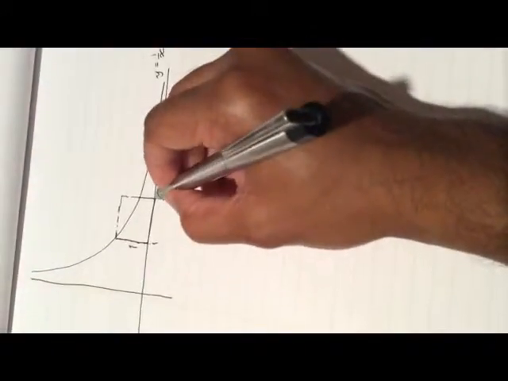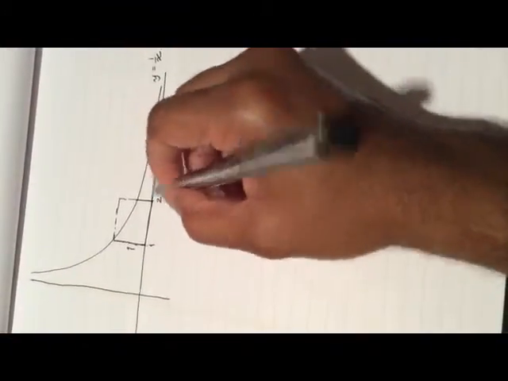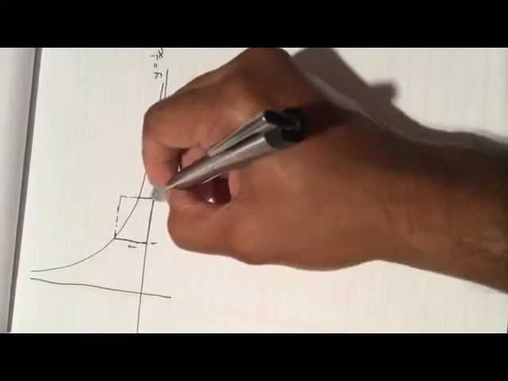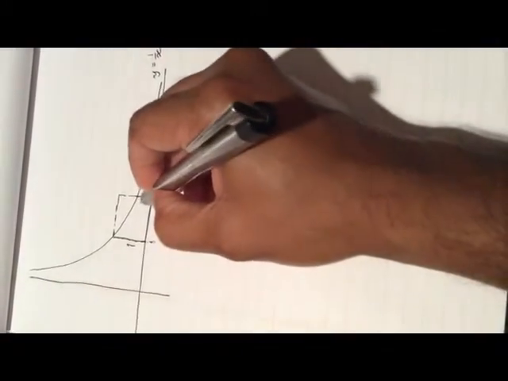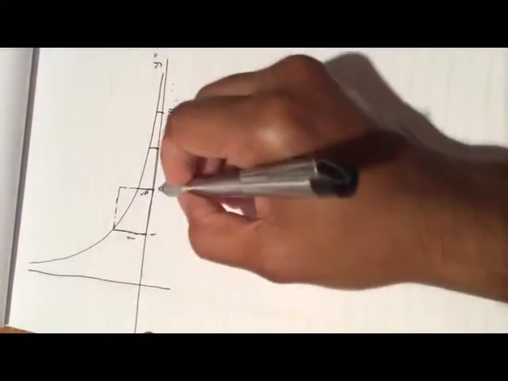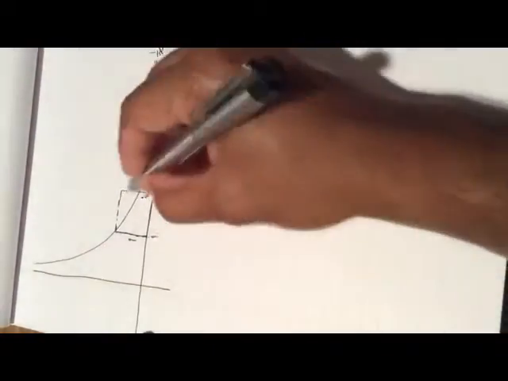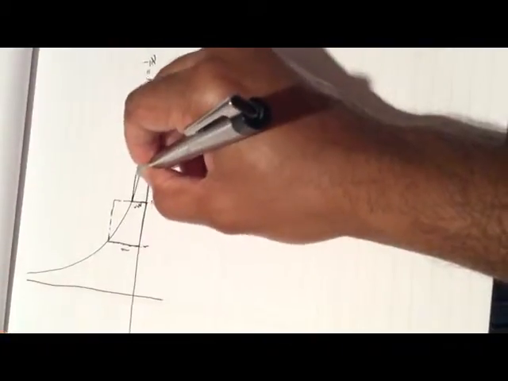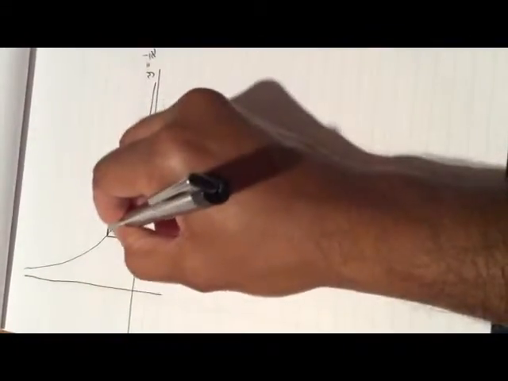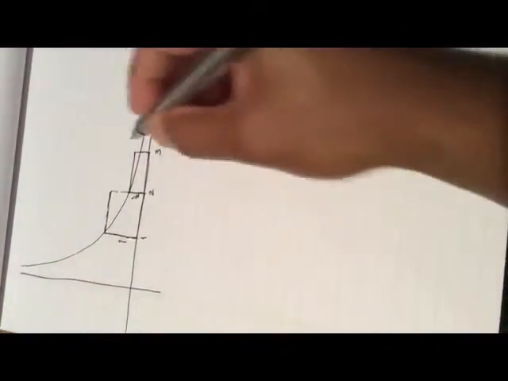The next rectangle I'll draw, I'll go from base 2 to 3, and height is whatever is the height at the left endpoint, which is 1/2. Why 1/2? Well, it's 1 over 2, because I'm going up to the graph of 1 over x. So here's my second rectangle. And then you can see the pattern.